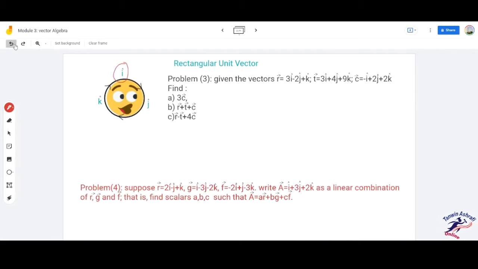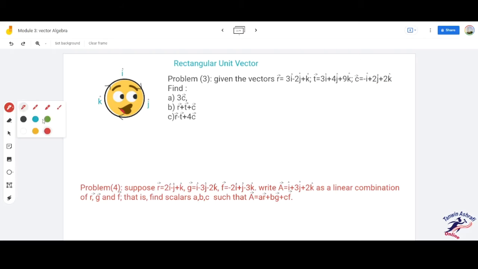They usually circled with each other. Now for problem 3, we had a vector R, which is 3i minus 2j plus k, vector T having the component vector 3i plus 4j plus 9k, and vector C as a component vector minus i cap plus 2j plus 2k.